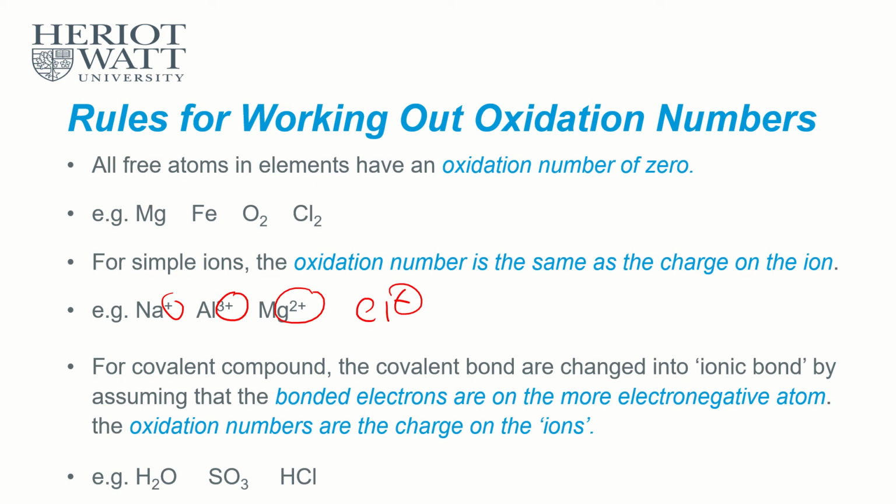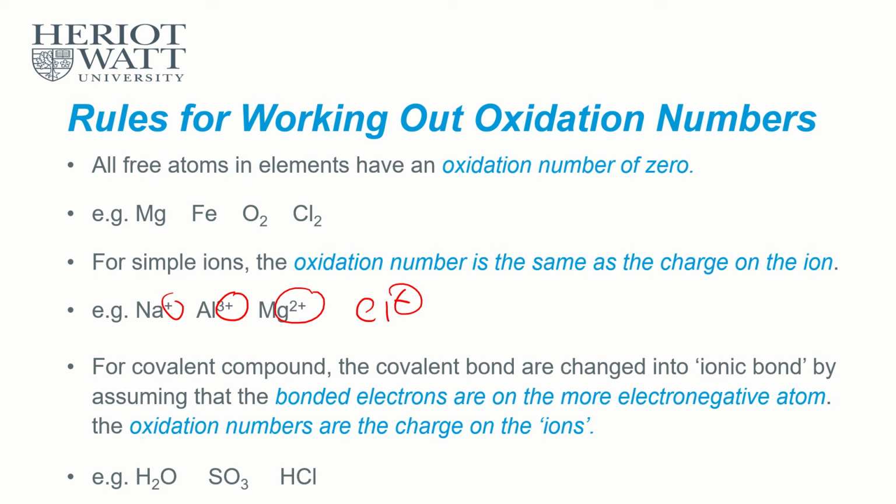Now, for covalent compounds, because usually covalent compounds form by sharing of electrons, right? So it is not by forming ions. So it's a bit weird for us to assume that in a covalent molecule, we have a positive and negative charge. And then how do we actually identify the oxidation numbers for a covalent molecule?